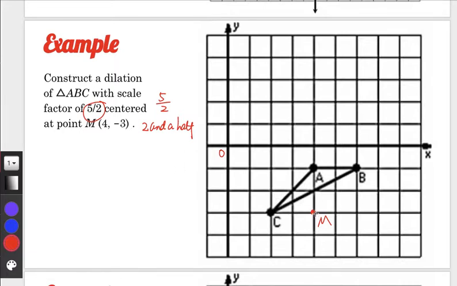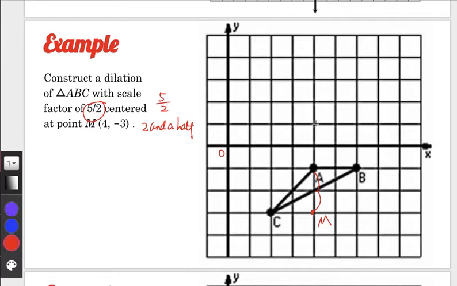Let's check from M to A. From M to A, I have to count 1, 2. It's 2 spaces from M to A, meaning for 2.5, I'm going to move 2 times. That's the first time, 1, 2. 1, 2, that's the second time. Then the next time is going to be a half.